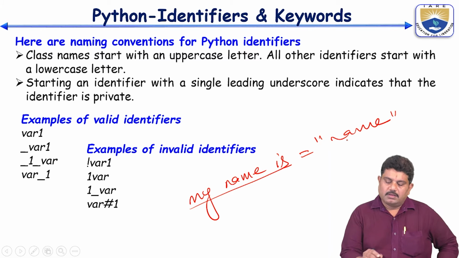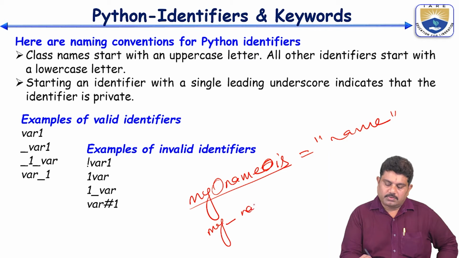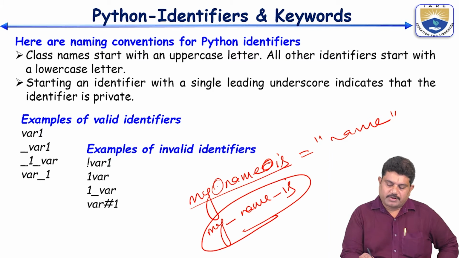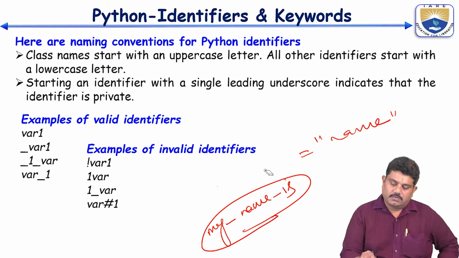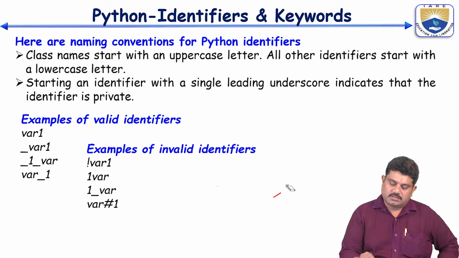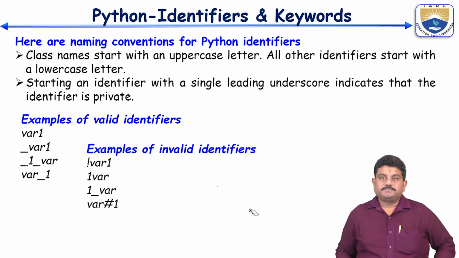But the interpreter won't allow you to declare variables like this. You should not use empty spaces in between words. If you want to declare in such a way, you can declare like this: my_name_is. You should not use white spaces, or any special characters other than underscore. This is how you can declare variables. So these are the valid and invalid identifier examples.